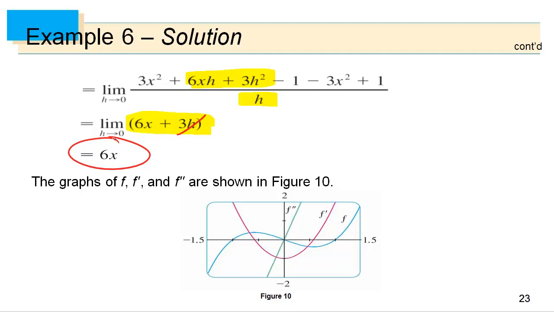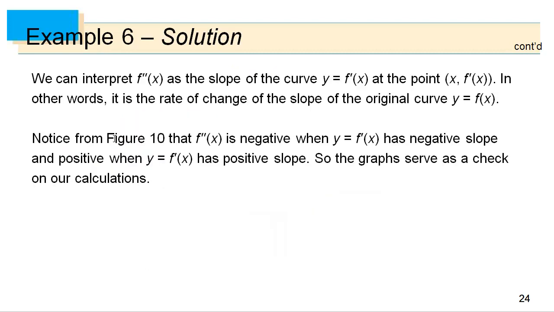And in fact, if you graph all of them on the same graph, you can see the blue line is the original function. The red line is the first derivative. The green line is the second derivative. The third derivative would just be 6, and then you would just have a horizontal line at a height of 6.